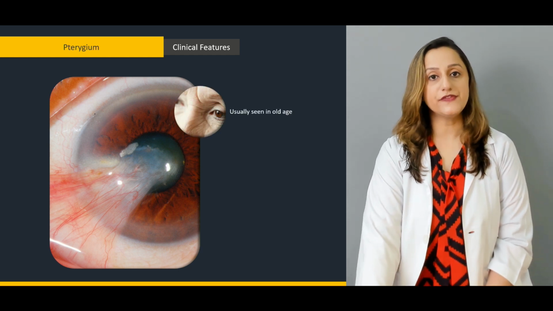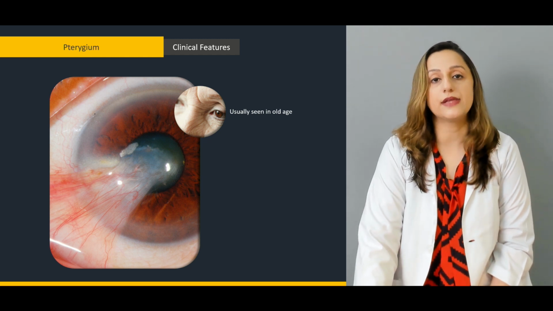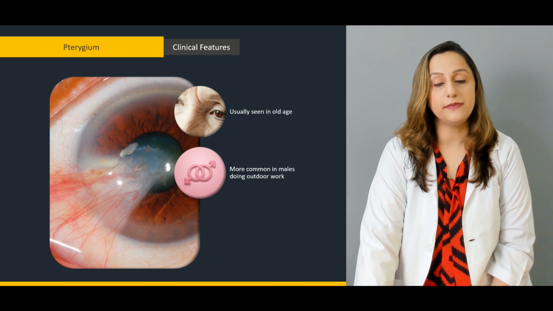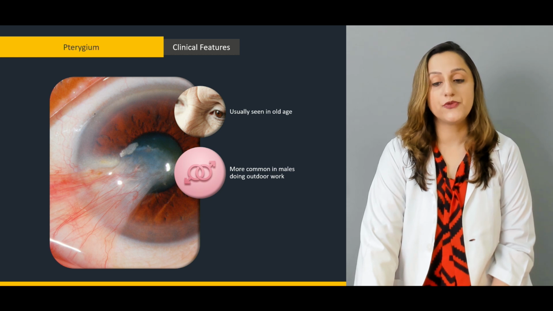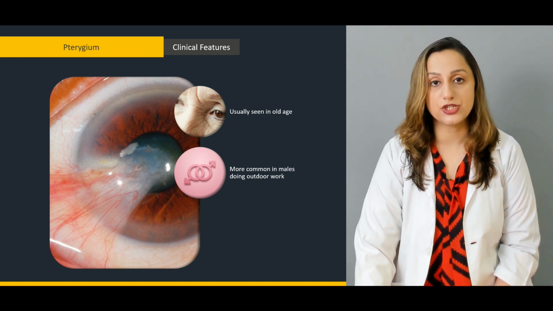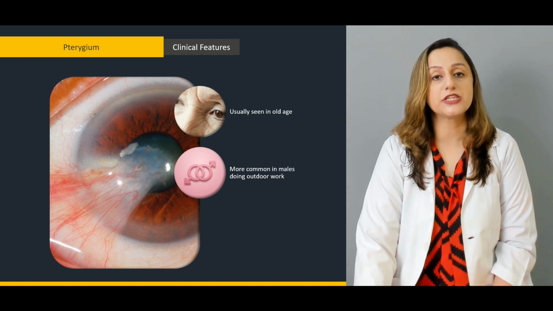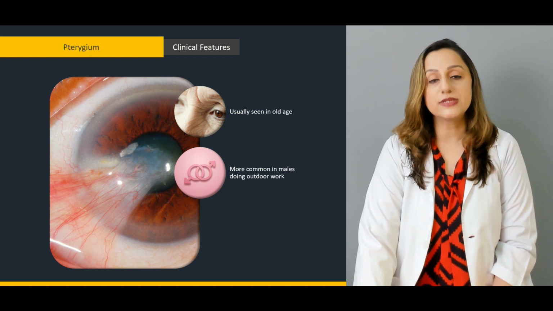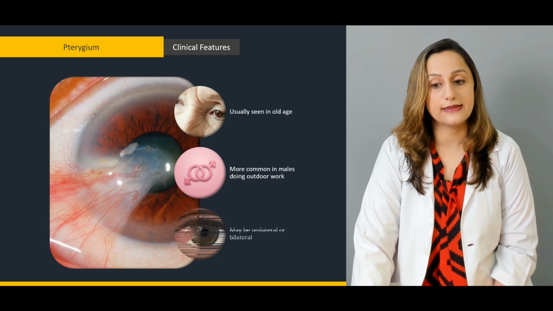The etiological features or the predisposing factors: it can be an age-related process. It is more common in males doing outdoor work. When we compare the female to male ratio, the male ratio is much higher than the females because of the exposure to sunlight and wind, and outside work is more common in males rather than in females.